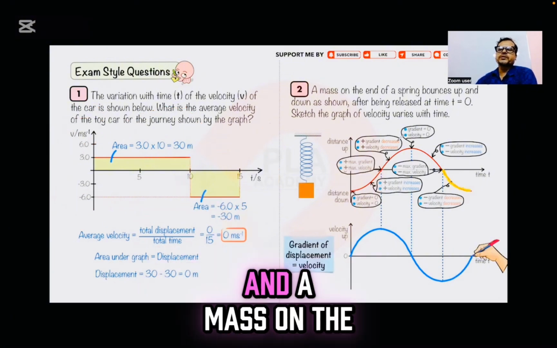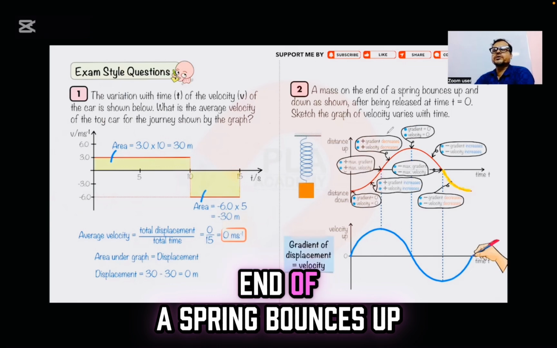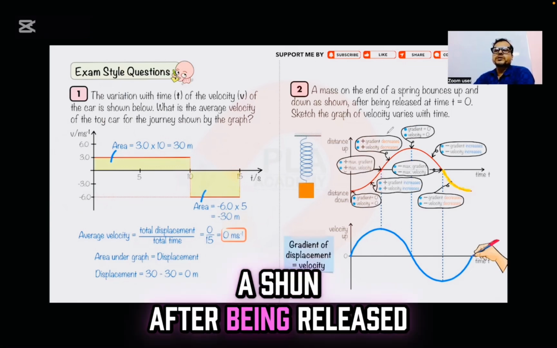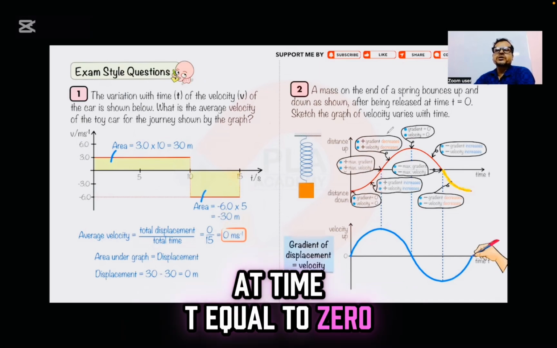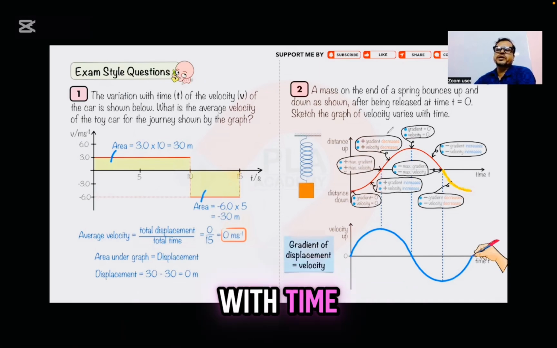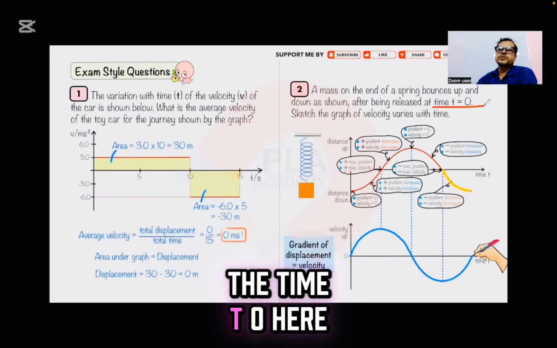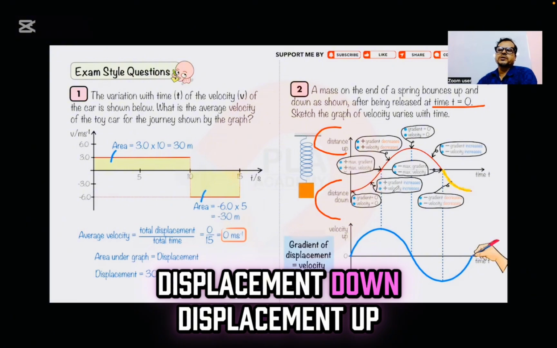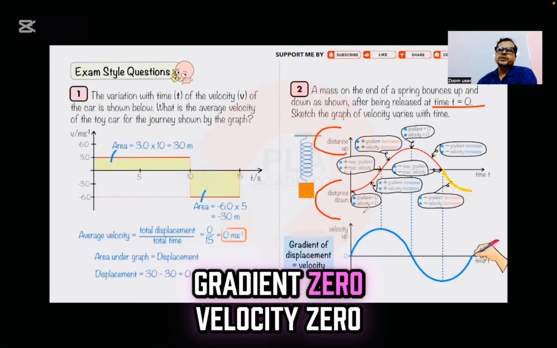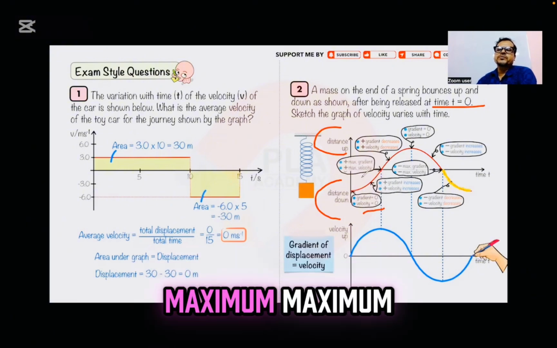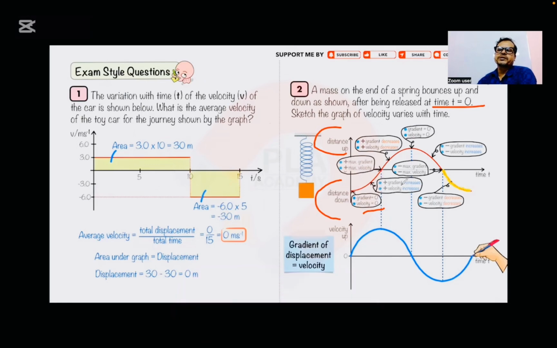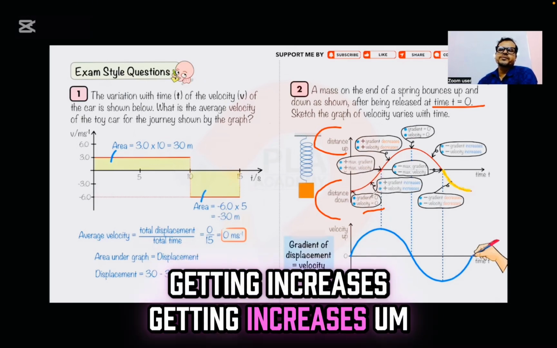Displacement here is 0. Next, a mass on the end of a spring bounces up and down as shown after being released at time t equal to 0. Sketch the graph of how velocity varies with time. Here displacement up, displacement down, displacement up; gradient 0 means velocity 0, maximum gradient, the gradient decreases so velocity decreases, here it increases.